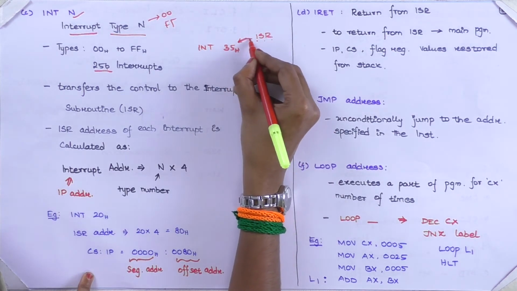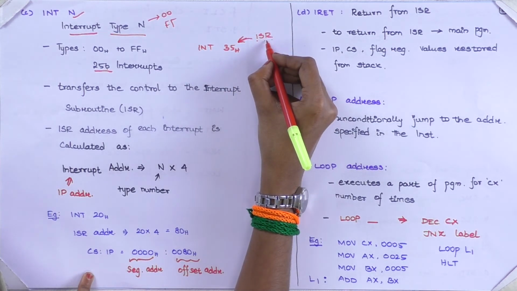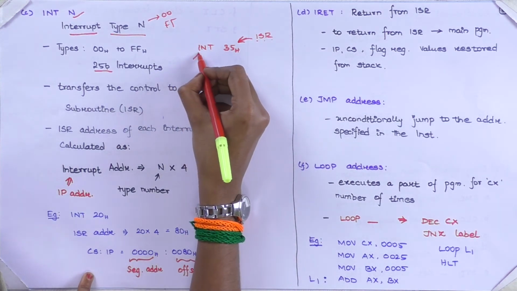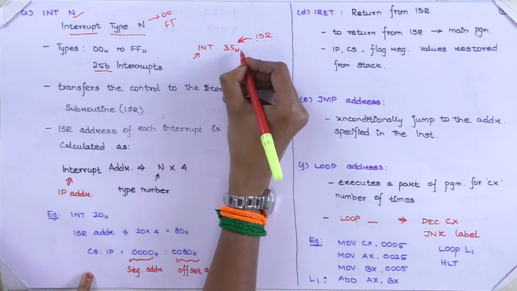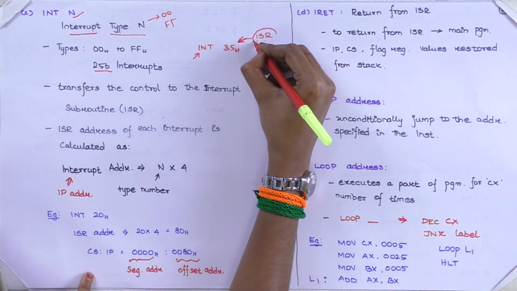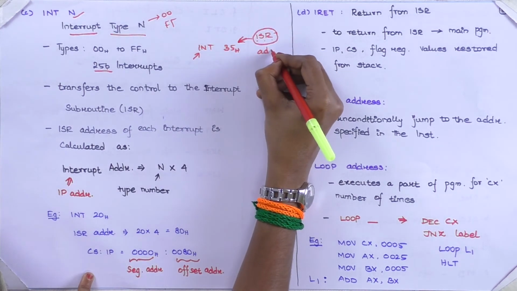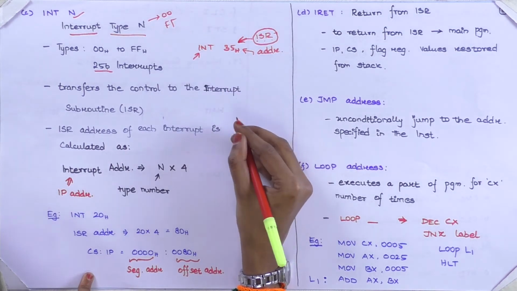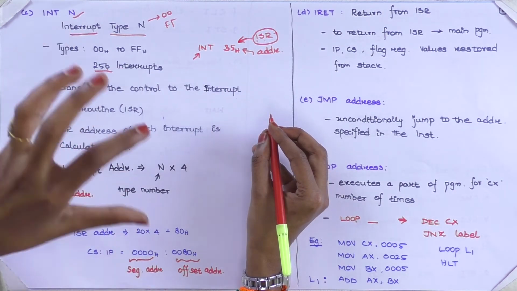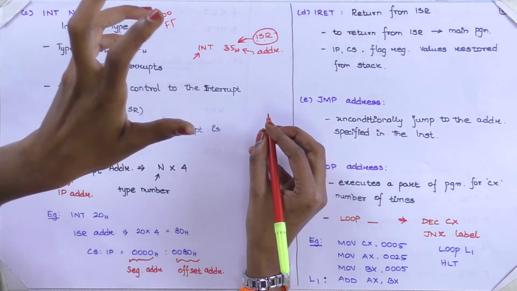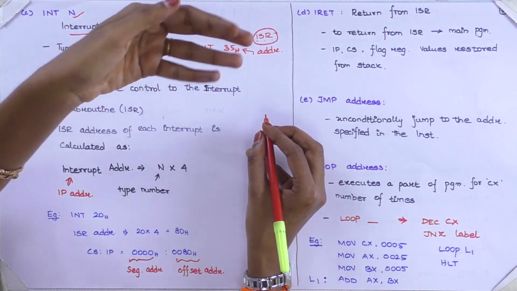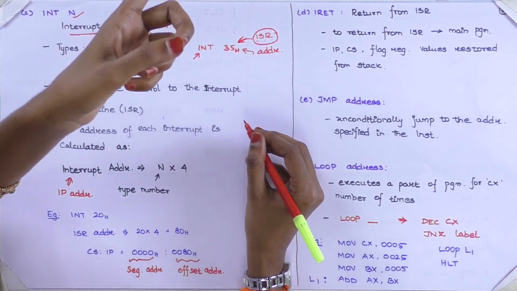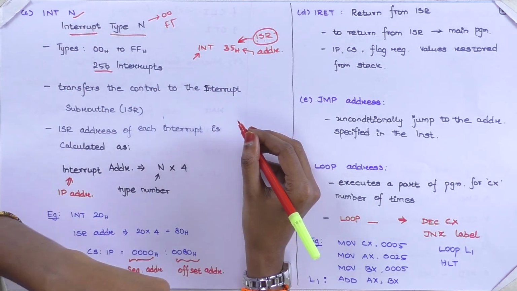For each and every interrupt, we will write a subroutine program. Okay. So what will happen here is, once the processor gets to this instruction, it will calculate the subroutine address of this particular instruction, since each and every interrupt will have its specific subroutine stored in a specified memory location. So first the processor has to calculate the subroutine's address, and then it has to jump to the subroutine to execute that program.